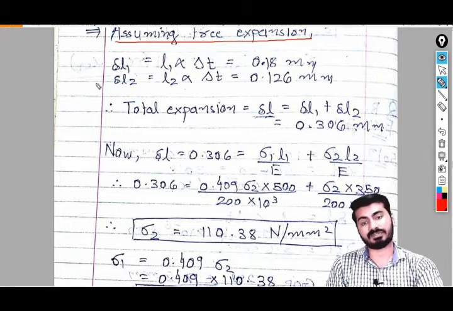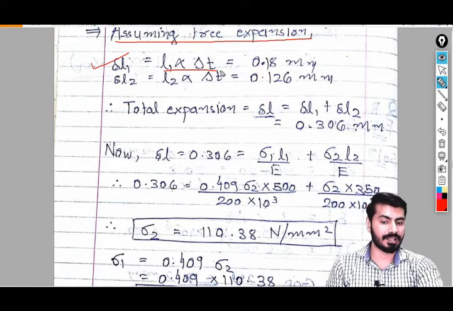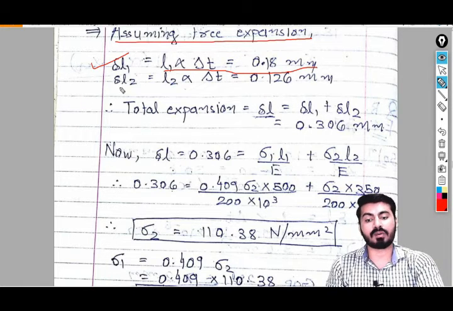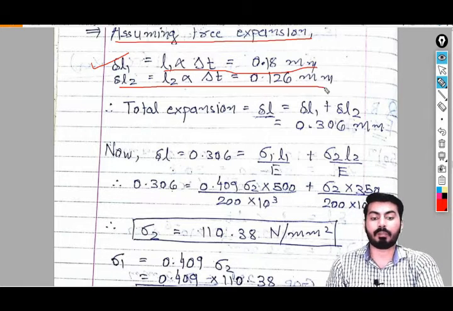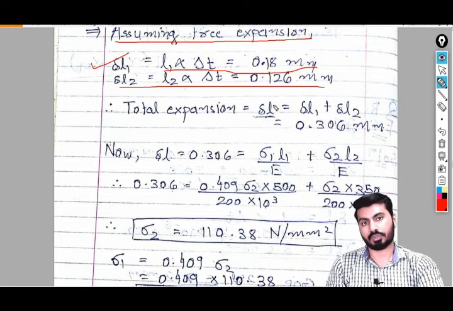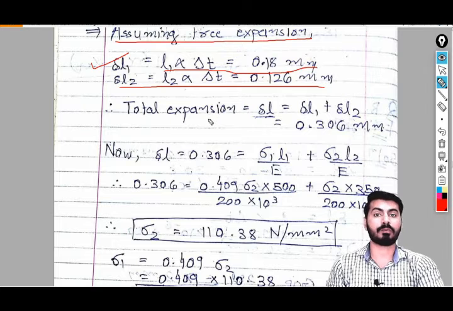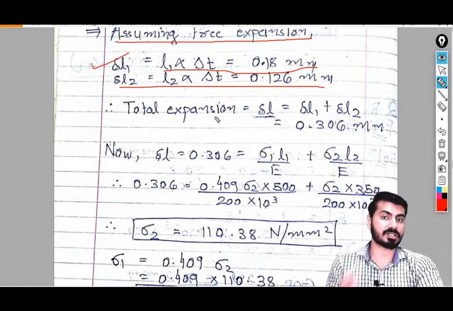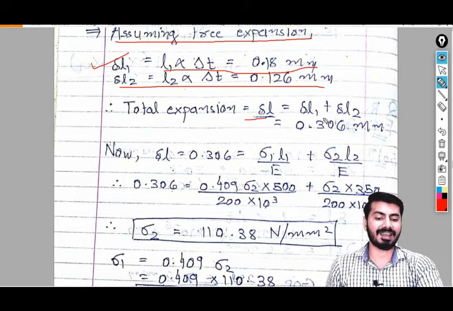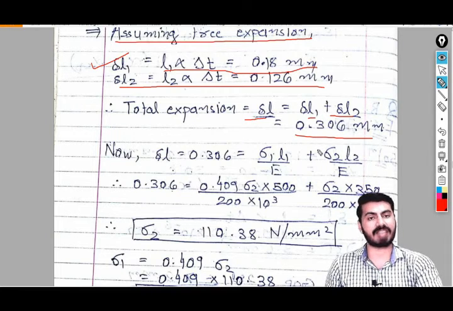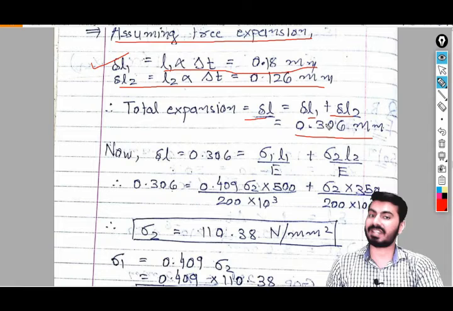So if free expansion is happening, bar 1 would expand delta L1, that is L1 alpha delta T, that is 0.18 mm, and bar 2 would expand 0.126 mm. So this was the case of free expansion. So total expansion for both the bars would be delta L equals delta L1 plus delta L2, that is 0.306 mm. That was the case of the total expansion.